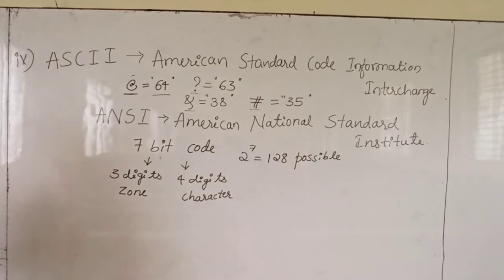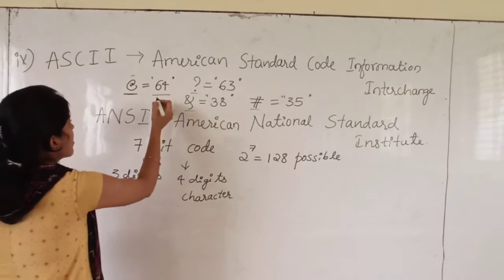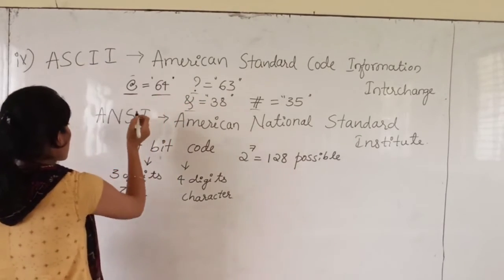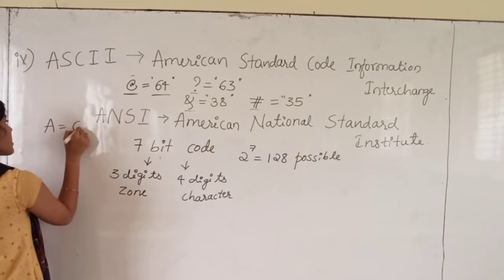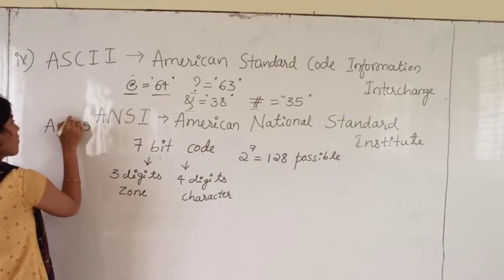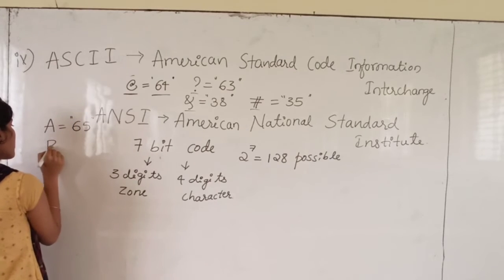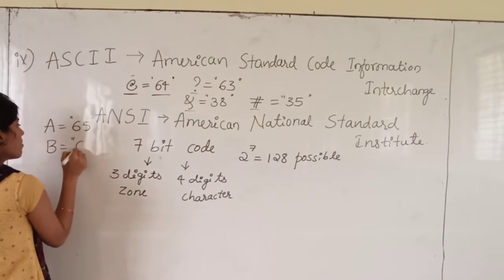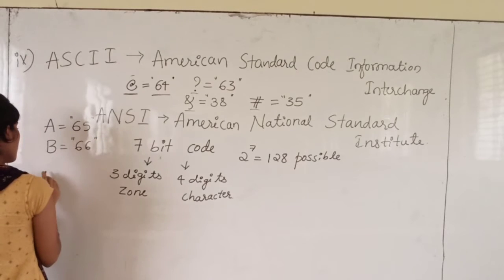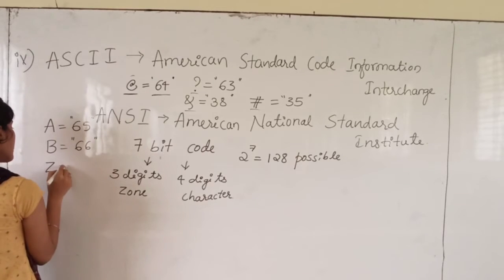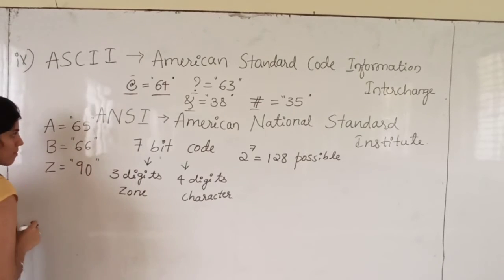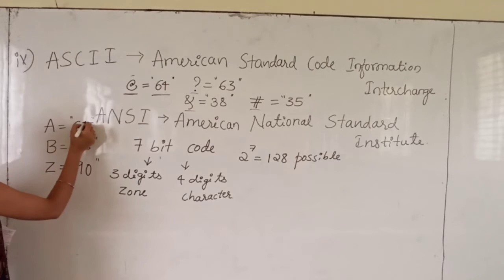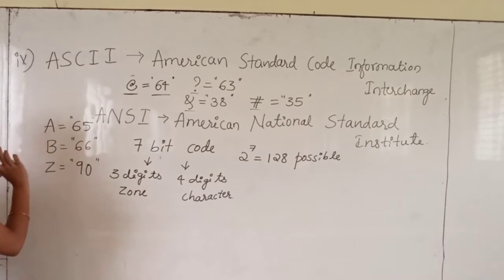It can also represent the alphabets. For capital A the ASCII value is 65, for capital B it is 66, and for capital Z it is 90. This ASCII code is set for a particular character in the system.